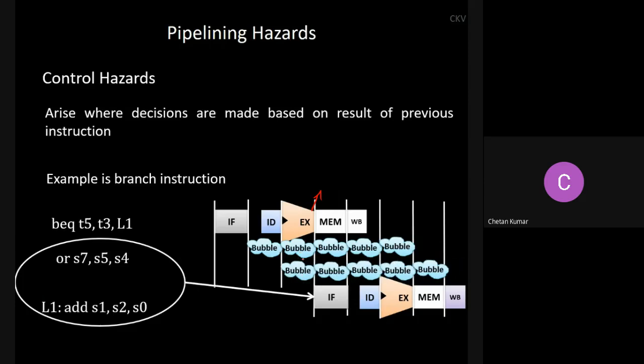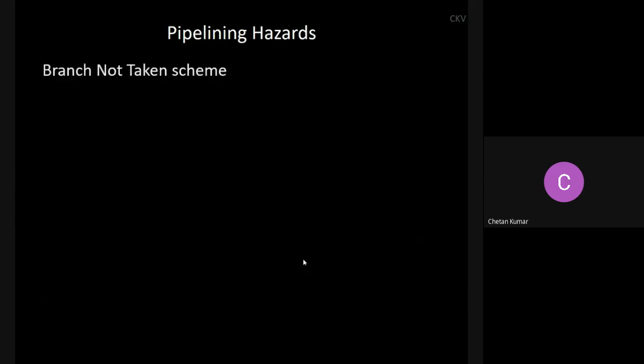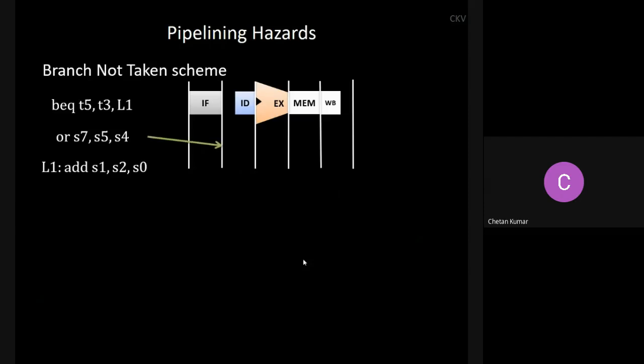What was the solution for this, to avoid the stall? What was the solution that we came up with? Prediction. Okay, so we came up with branch prediction. A simple branch prediction, how it happens, you know already. Not forwarding, branch prediction. So this is with respect to control hazard.